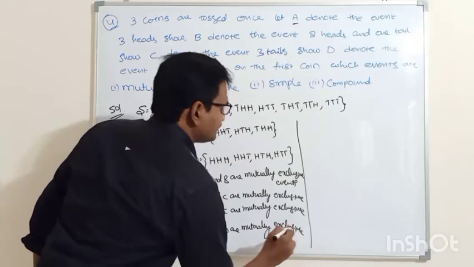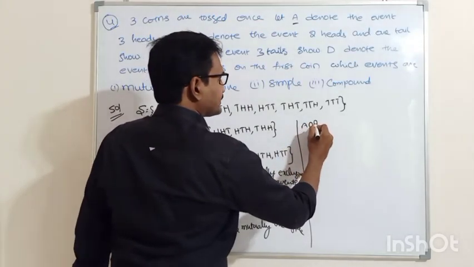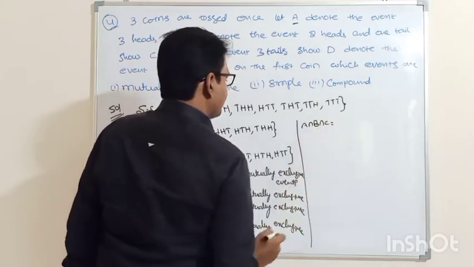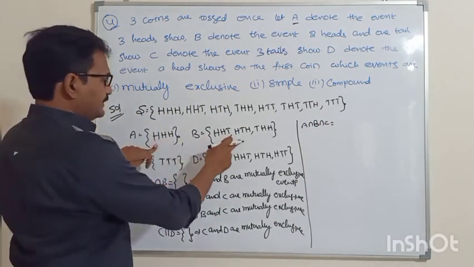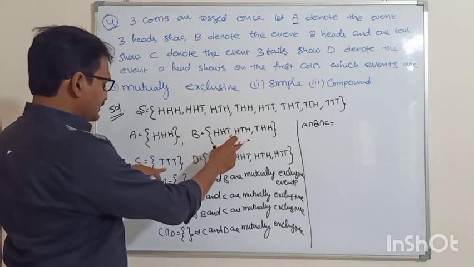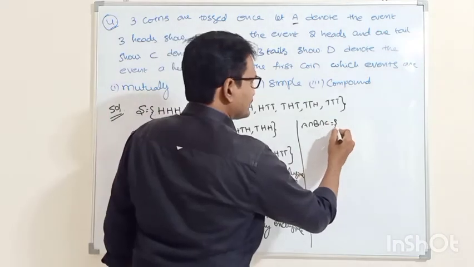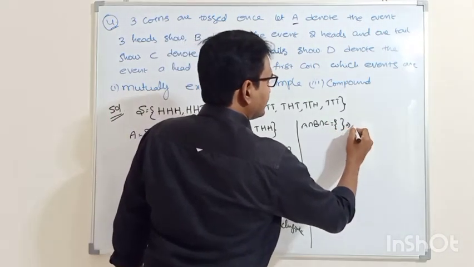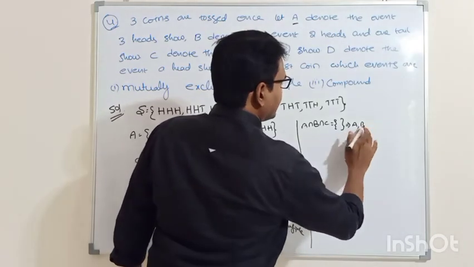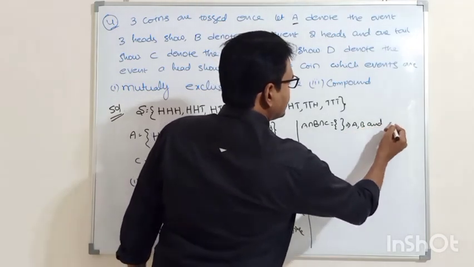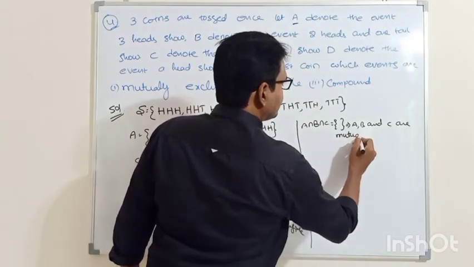Similarly, if you take A intersection B intersection C, A and B have no common element, B and C have no common element, and A and C also have no common element. So this is also a null set. Therefore, A, B and C are mutually exclusive events.